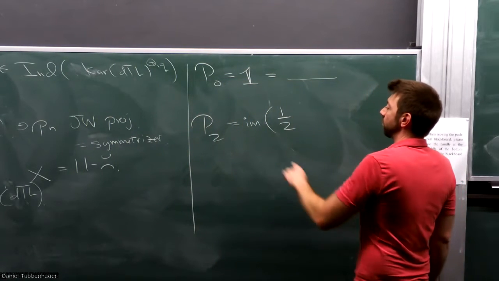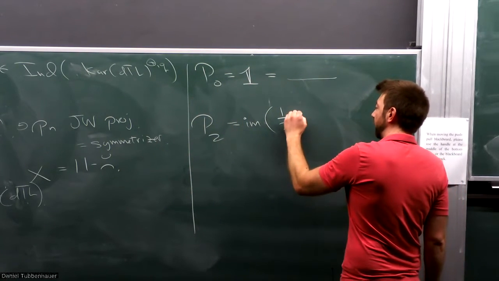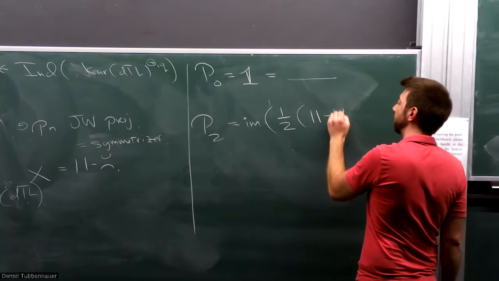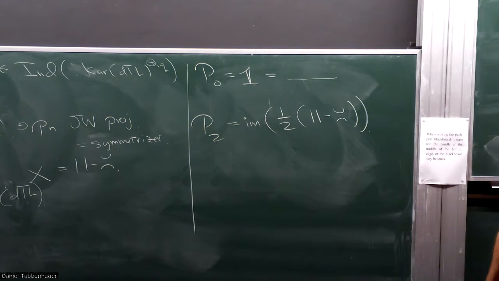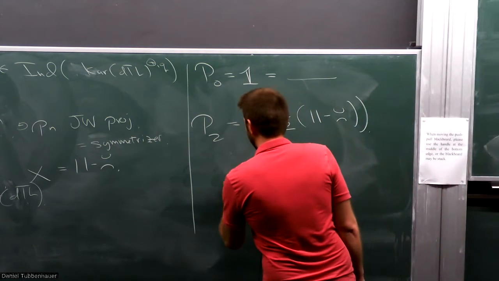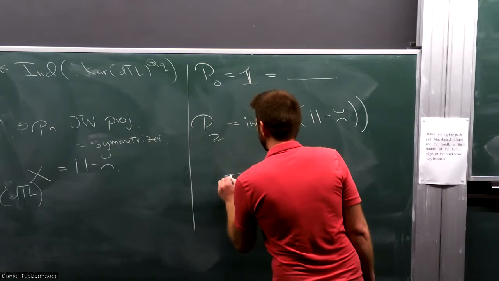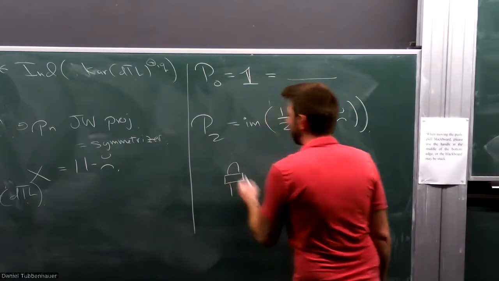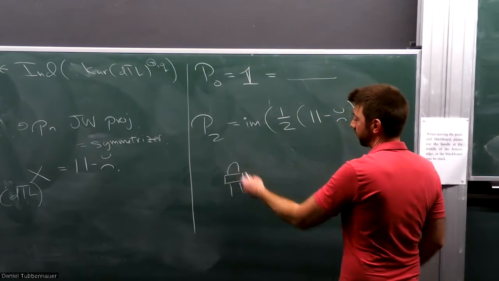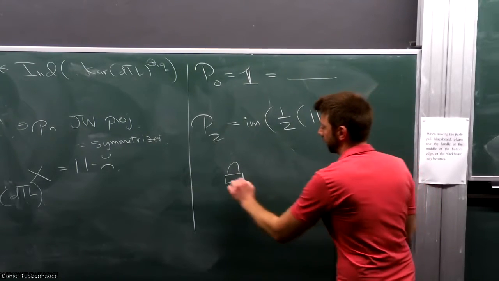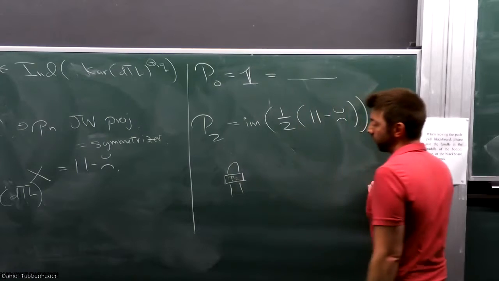So P2 is the image of this idempotent acting on the second tensor power of P. And there's a relation in the Temperley-Lieb category that all possible ways of closing up the Jones-Wenzl projector give you the zero morphism.